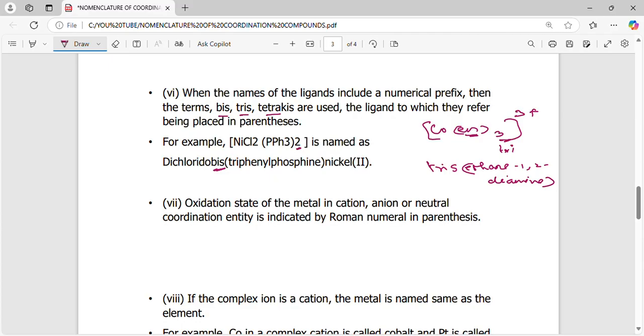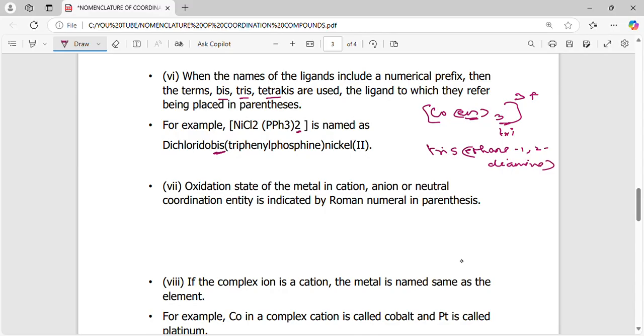Now let's go to the metal atom. Metal atom, as I told you while writing, again the same example, or let's take another example, K4[Fe(CN)6], same example I am taking.